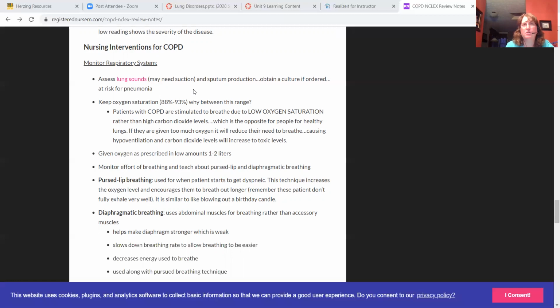That's how you would describe it. Diaphragmatic breathing uses your abdominal muscles for breathing rather than your accessory muscles. It helps make your diaphragm stronger, which is weak. It slows down breathing rate to allow breathing to be easier, and it decreases energy used to breathe. It's used along with pursed lip breathing as well.